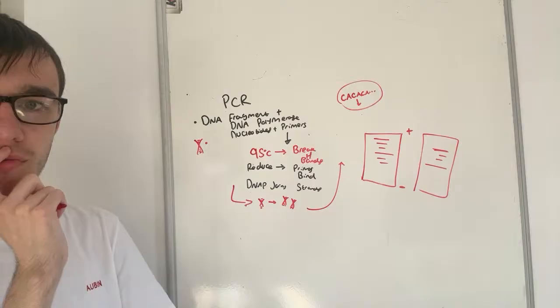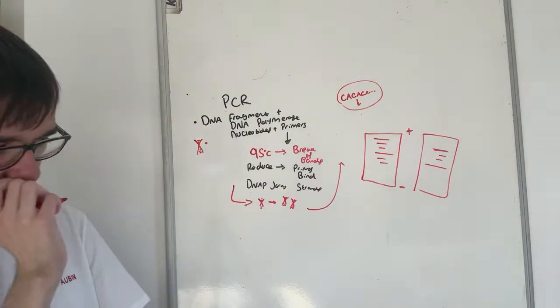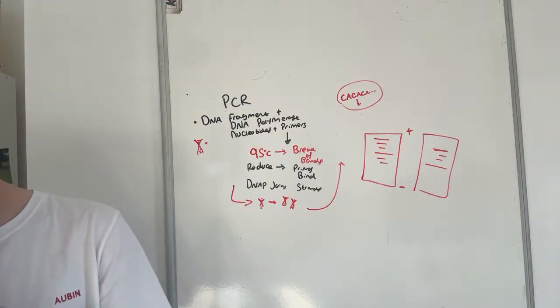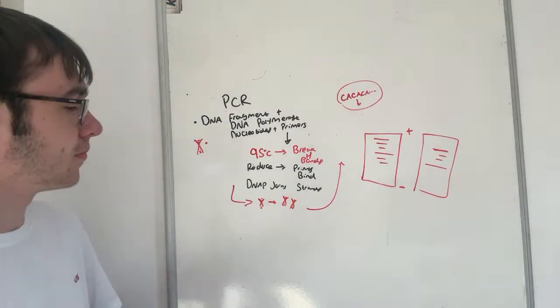I've seen questions where they talk about, what would it be called? Splicers, I think. Oh, I don't know what you call them, actually. The things that cut the genes.